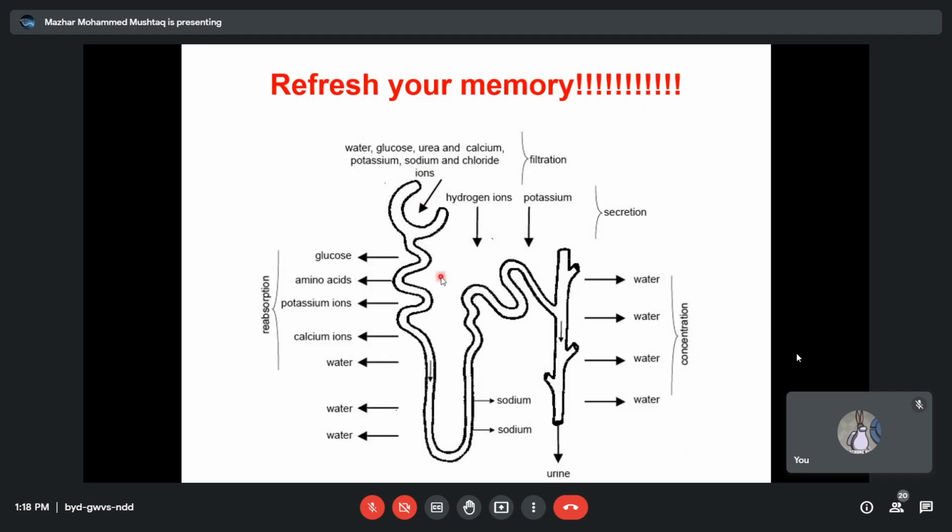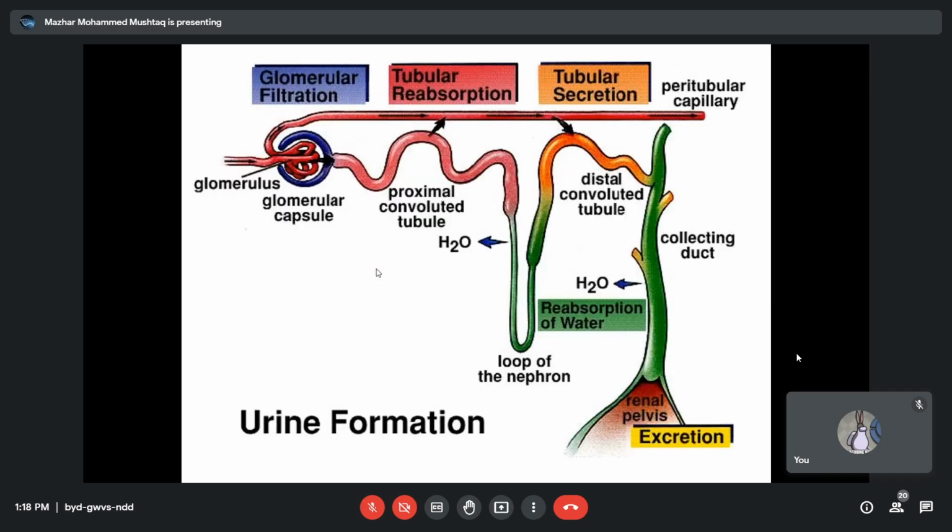That is what is mentioned here: glucose, amino acids, potassium, calcium, water. Water is constantly reabsorbed at other parts of the nephron also, but mostly the reabsorption is done here in the proximal convoluted tubule. That is called tubular reabsorption.